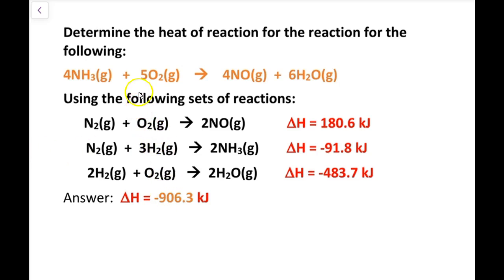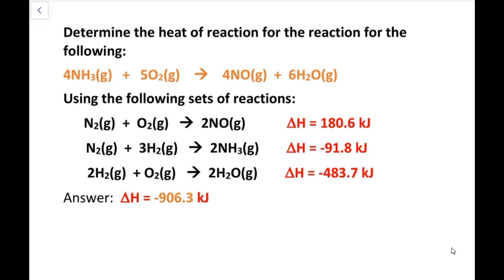So when you're trying to get your 5O2 for the left for the overall equation, and you're thinking, well, I've got O2 in the first equation and the third equation, so which one of those do I use? Whenever that happens, you want to save that, sort of set that substance aside and just focus on getting everything else correct, and the O2 should work out on its own, just sort of naturally.